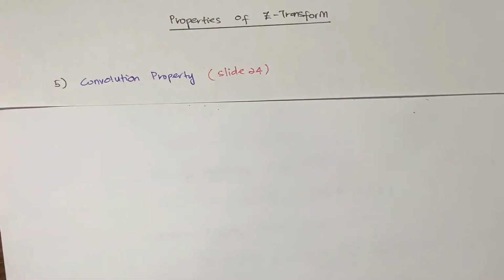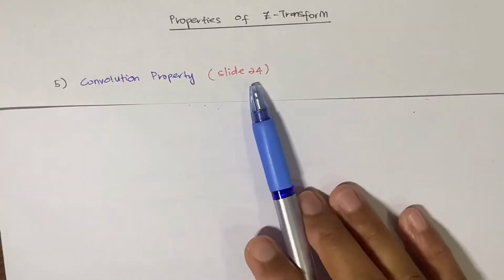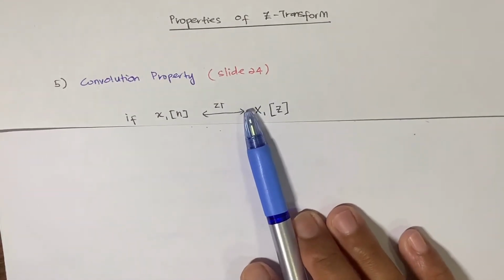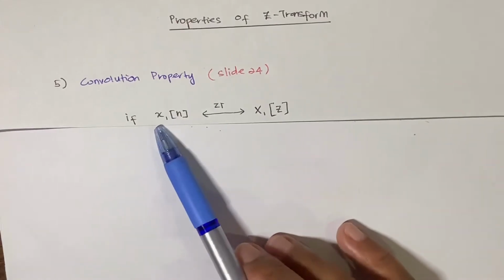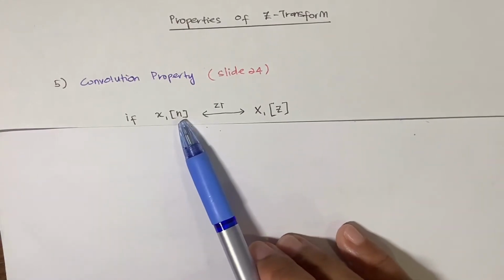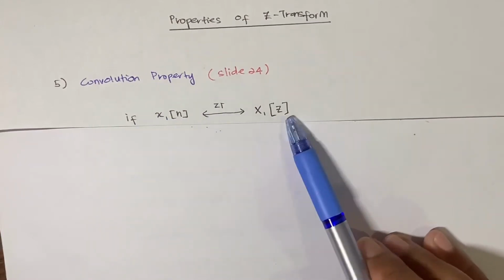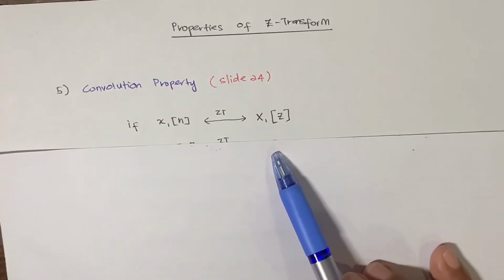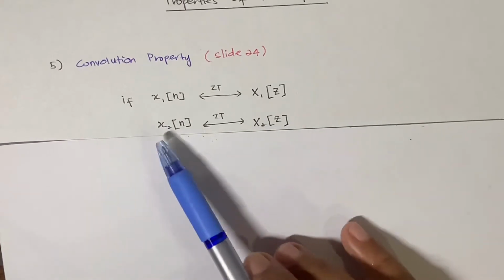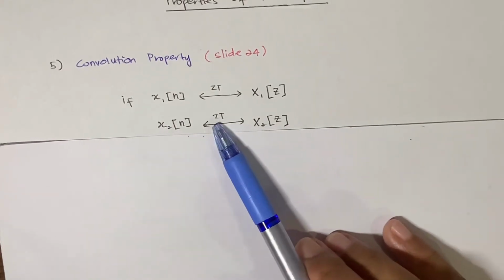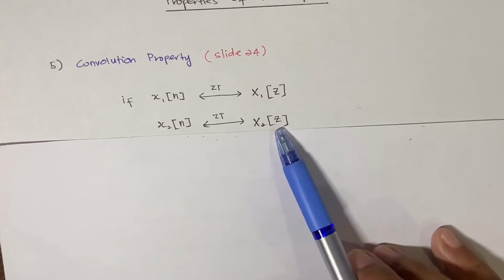Okay, the last property that I will explain to you is the convolution property. You can refer to slide number 24. Let's say we have x1[n]; by using the z transform, you will get X1(z). And x2[n], by applying the z transform, you will get X2(z).